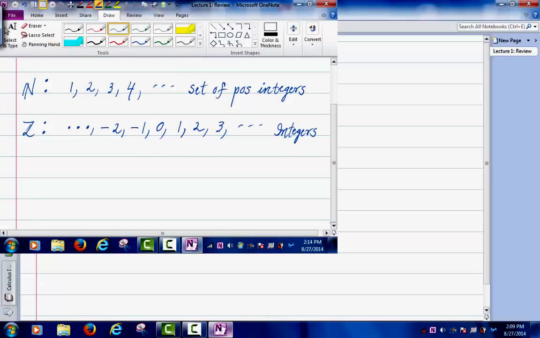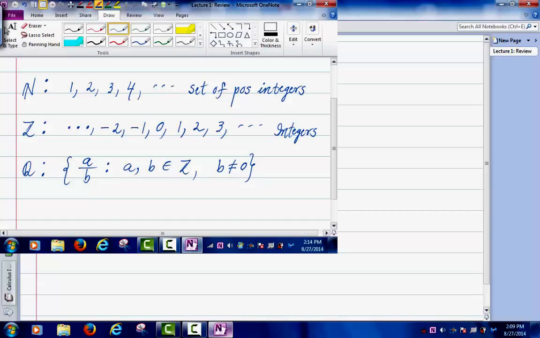The next bigger set of numbers will be denoted by Q with a line, and this will denote the collection of all rational numbers. So these are numbers which are ratios of integers. So a over b, where a and b are both integers and b is not 0. Of course, it cannot be 0 because it's in the denominator, right?